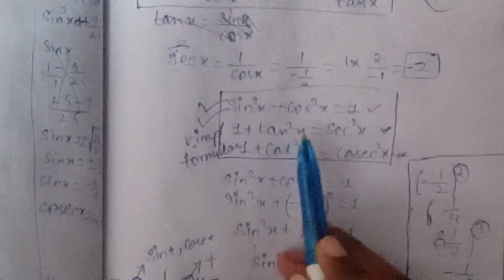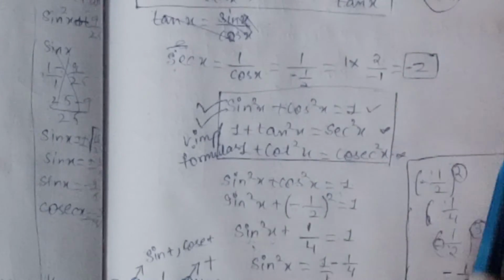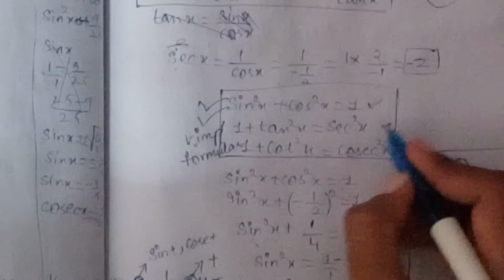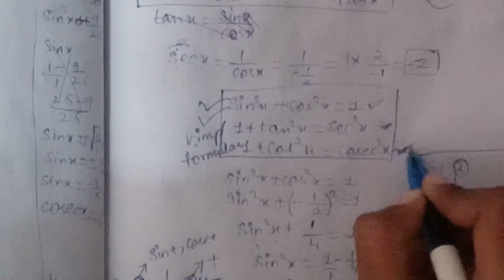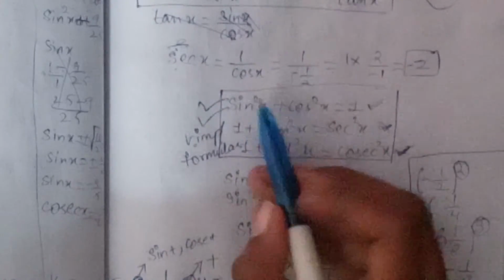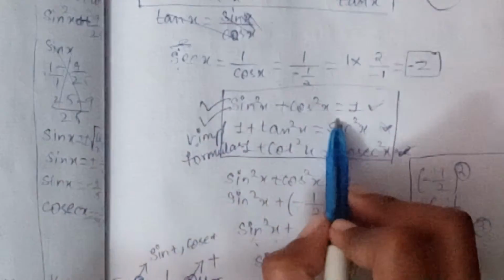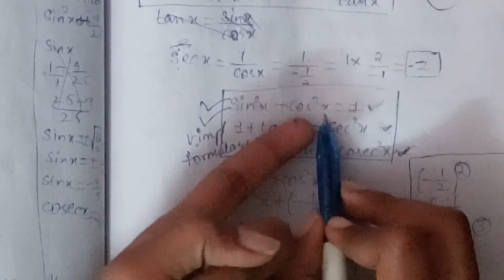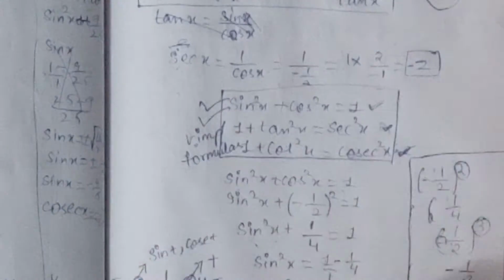We know the value of sine and cosecant. I'm going to show it now. Whenever you have the value of sine, you can use this; if we don't have any value of sine, we cannot use it. So by using this first equation, sine square x plus cos square x is equal to 1, we can find the value of cos. By finding the value of cos, you can find the value of secant also.